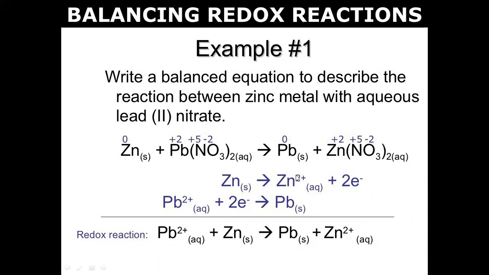The 2 electrons released by Zn are accepted by Pb, and now both electrons cancel, and we have Pb2+ plus Zn gives Pb plus Zn2+.